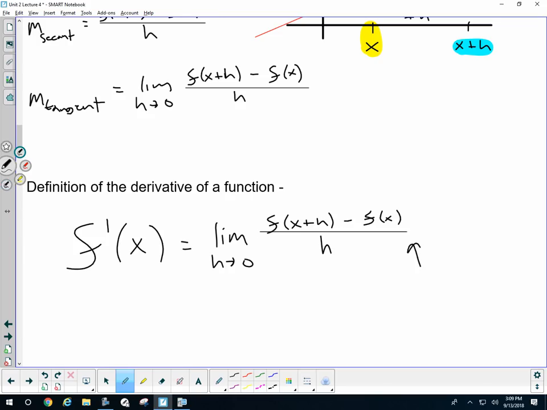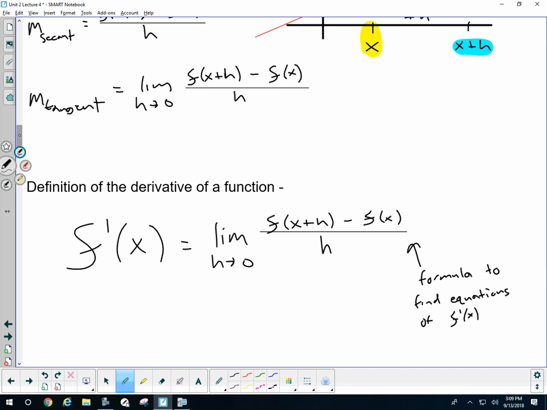This, my friend, is the magical formula that we will use to find the equations of the graphs that we were sketching. Okay?